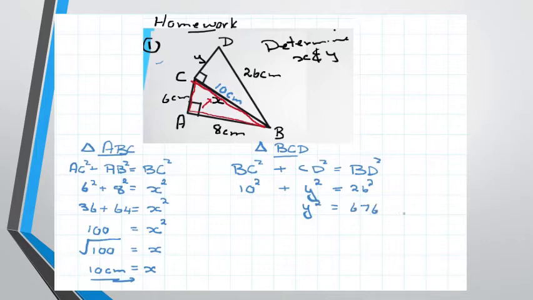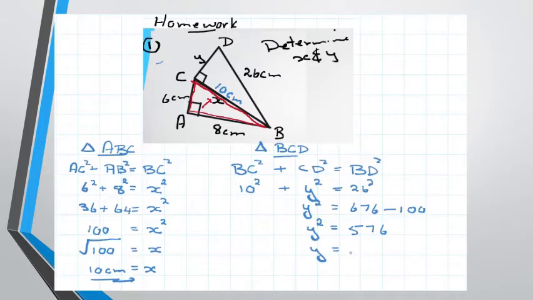676. If I bring the 10 square, which is 100, over to the right hand side, the sign changes to the opposite, in this case a minus. Therefore y square equals a value of 576. Then remove the square, one term left, one term right.